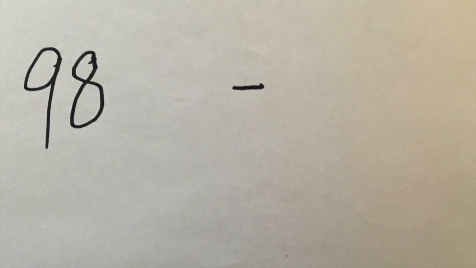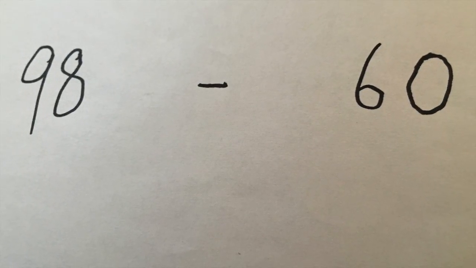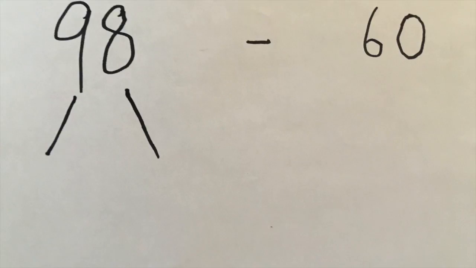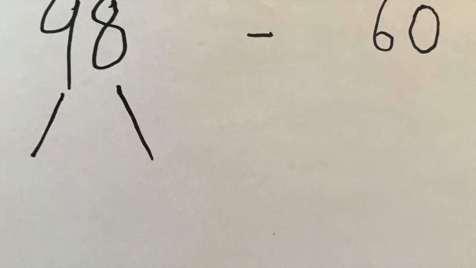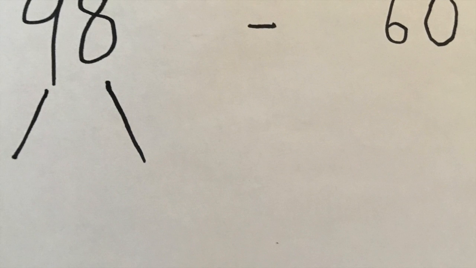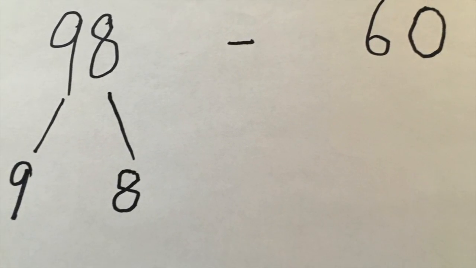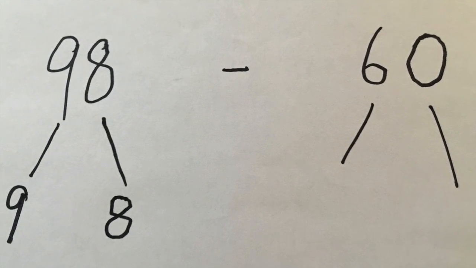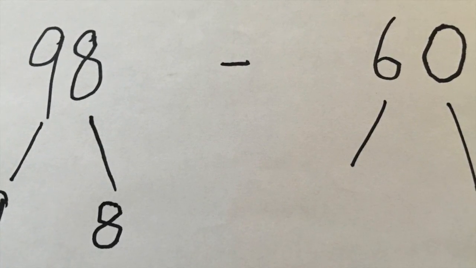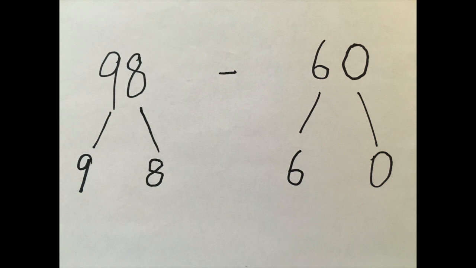To calculate the profit, Sam has to use his revenue to subtract his costs. So let's start to learn how to do this subtraction. Firstly, we divide 98 into 9 and 8, and also divide 60 into 6 and 0.